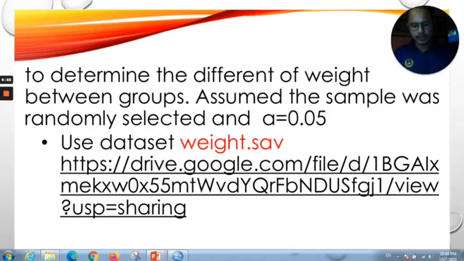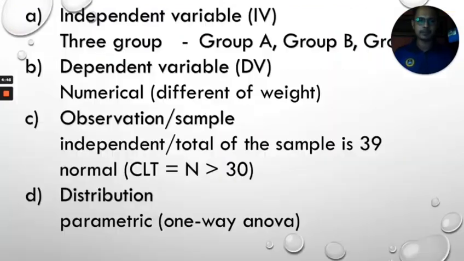The third question is to determine the difference of weight between groups. Assume the sample was randomly selected and alpha equal to 0.05. For the independent variable, IV, there are three groups: group A, group B and group C. The dependent variable, DV, is numerical, the difference of weight.